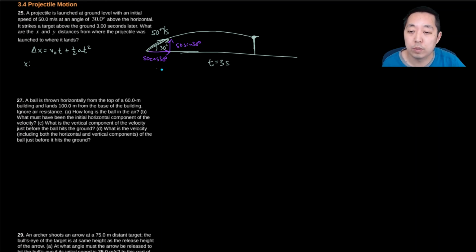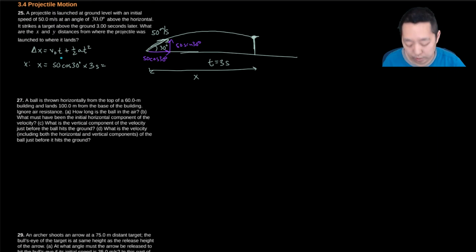The x distance would be the initial velocity, 50 cosine 30 degrees, times time, 3 seconds. Cosine 30 is root 3 over 2, so 50 times root 3 divided by 2 times 3 is about 130 meters. So that's the x distance.